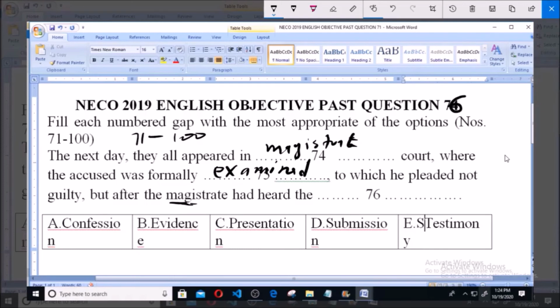So: the next day they all appeared in magistrate court, where the accused was formally examined, to which he pleaded not guilty, but after the magistrate had the dash: A, confession; B, evidence; C, presentation; D, submission; E, testimony.